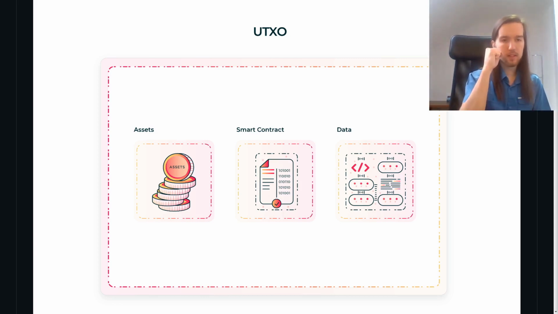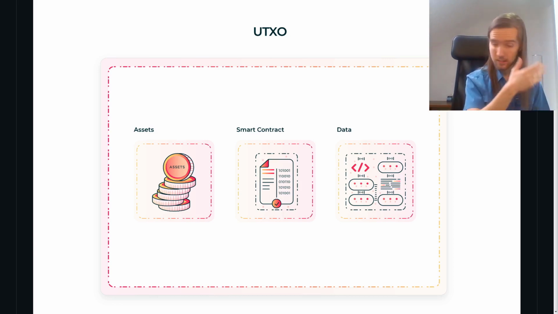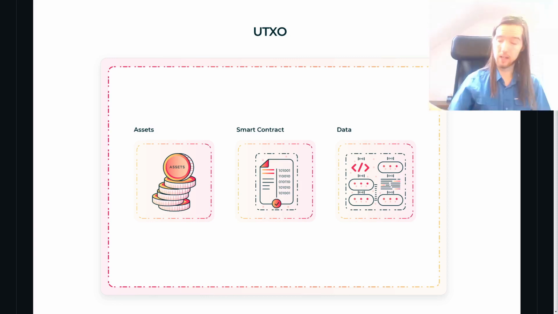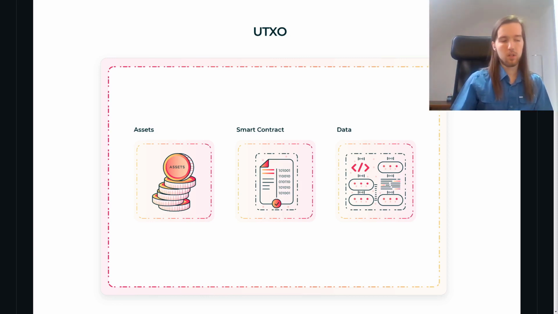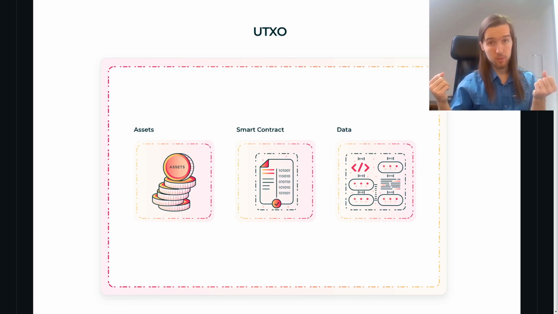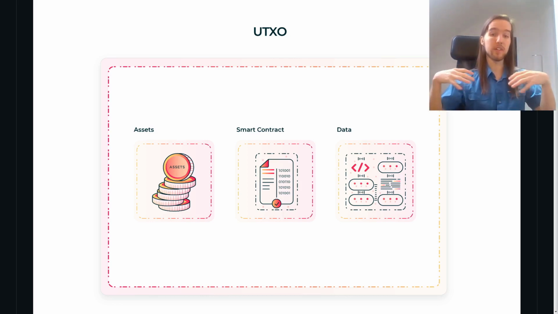In the first-class assets, this is quite novel compared to Bitcoin, right? In Bitcoin, BTC is the only asset on the blockchain, and that's the only native first-class asset. With both Cardano and Ergo, what we have are native assets.